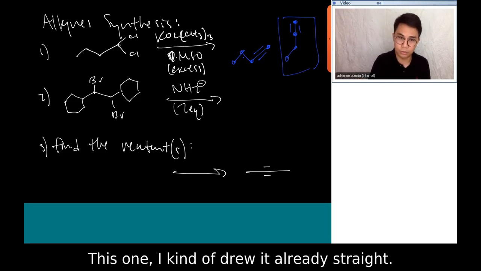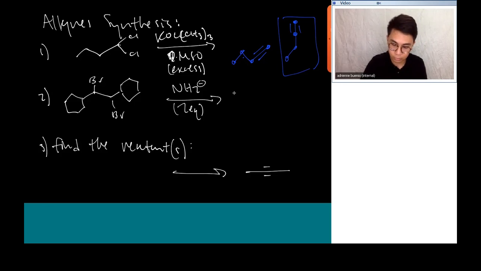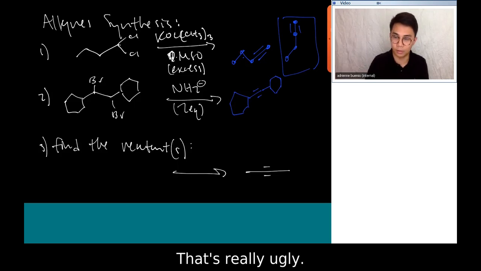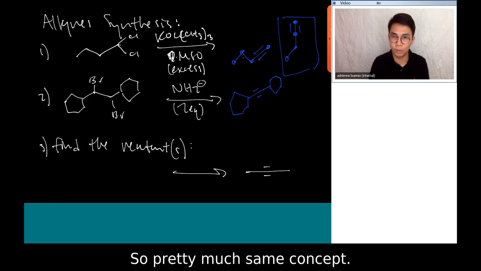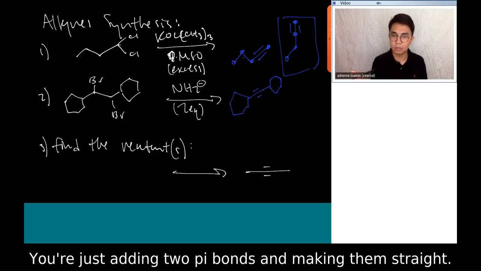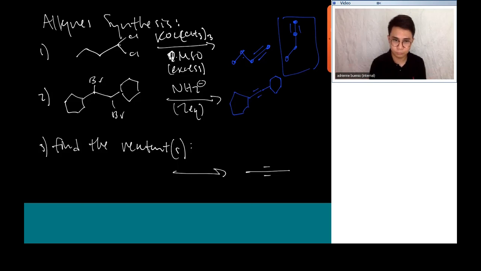This one I drew already straight, so it's whatever. That's really ugly, but you get the point. So pretty much the same concept: you're just adding two pi bonds and making them straight, right? What about this one?